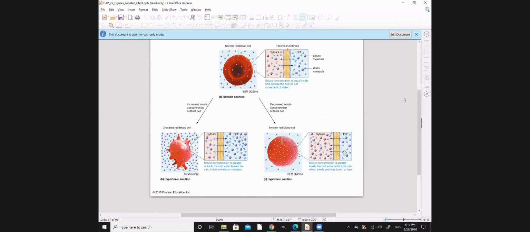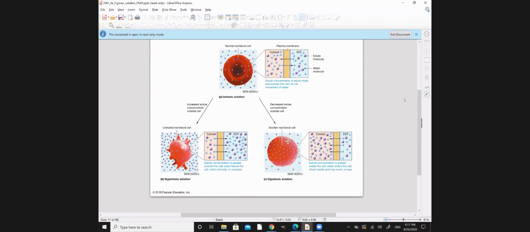Immediately we have a very low concentration in the extracellular fluid, and this fluid will rush through the membrane inside the cell because the concentration is much higher there. Again, the shape and volume of the cell is predetermined, and it will absorb as much water as it can until it completely bursts and the membrane is broken.